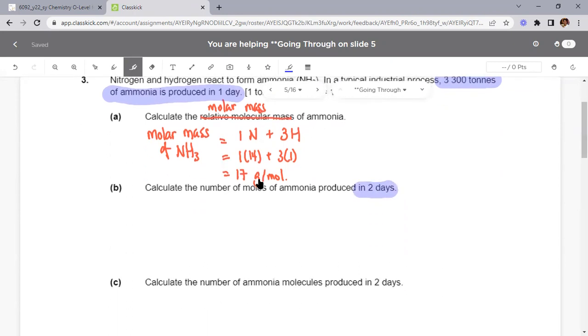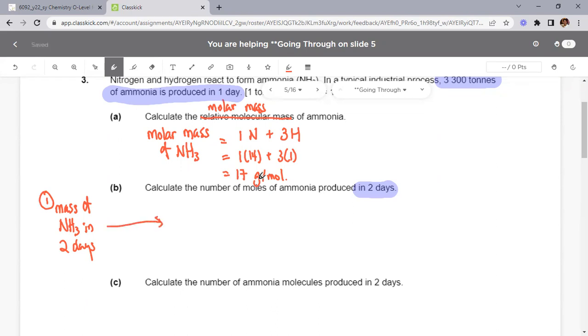What I'm going to do first, whenever you do the calculation, have a frame. Ask yourself what you're going to find. So the first thing you need to find is the mass of ammonia produced in 2 days. Once I have the mass of ammonia in 2 days, then it makes life easier because I'm finding mole.